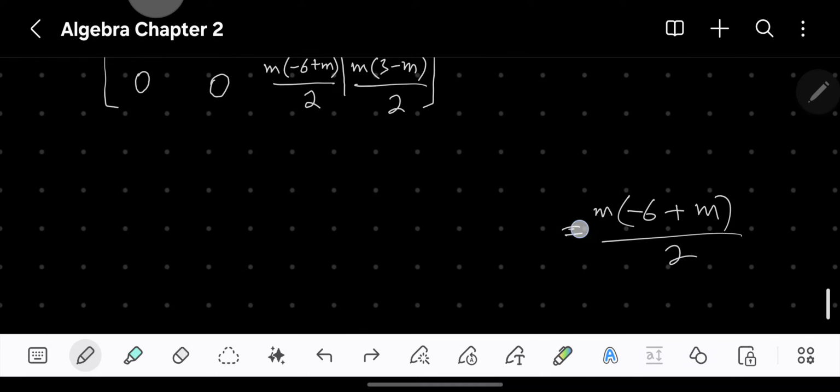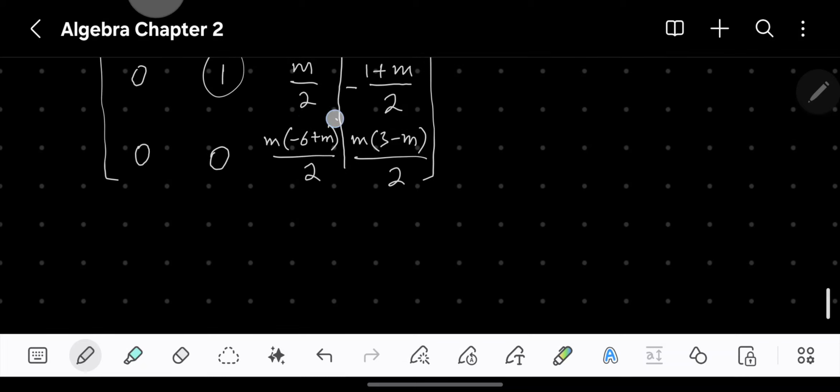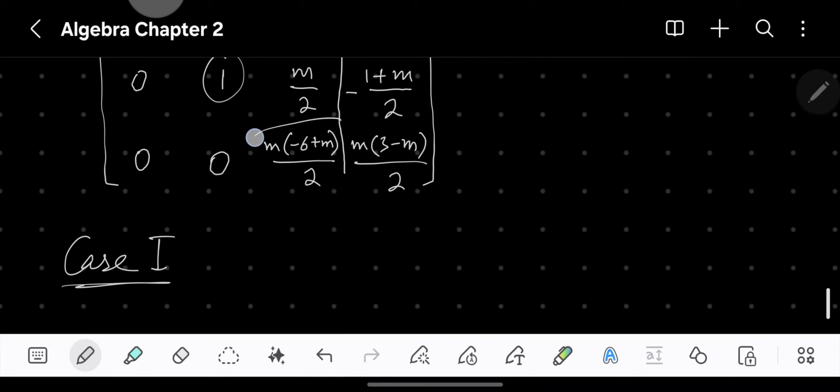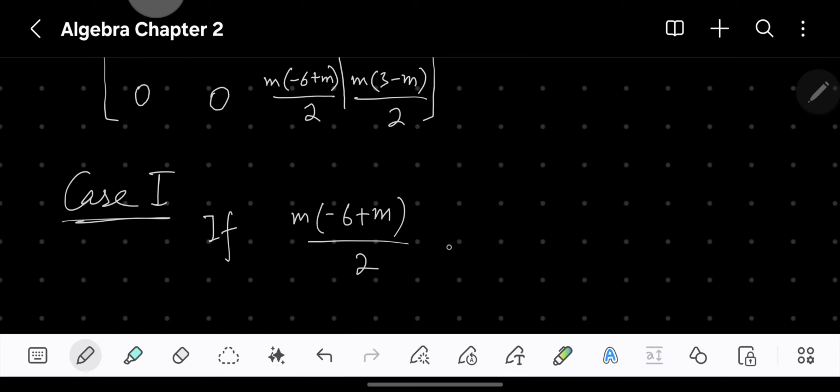So let's make the cases for this entry. In the first case, I will assume that it is non-zero. If it is non-zero, then this will be my pivot entry and I will get a solution.